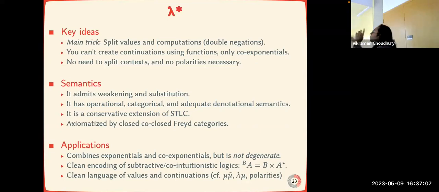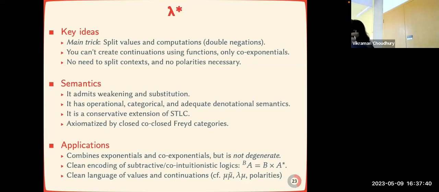Now, I probably should have mentioned, there are other languages for combining functions and continuations. The main difference, if you know Curien and Herbelin, 1997 or 2000, mu bar was like the duality of computation, right? They invented this language where they split values and continuations into two different contexts, and then there were operators similar to call/cc to move between the two.